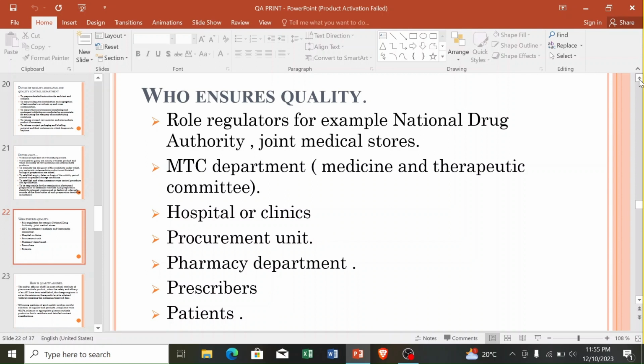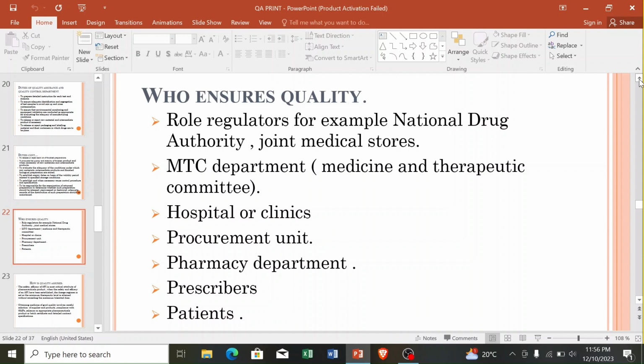Management also ensures quality. Procurement unit, we talked about appropriate selection of supplier. So we see that the procurement unit enables us to ensure they have correctly selected the appropriate supplier. And then we see the pharmacy department, where we know by now the roles of the pharmacy department.